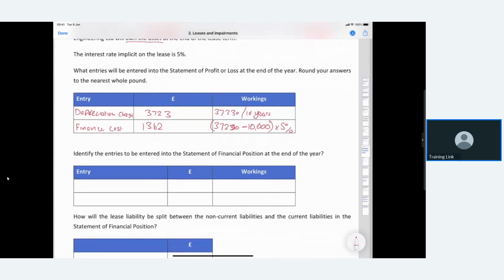It then says, identify the entries to be entered into the statement of financial position at the year end.